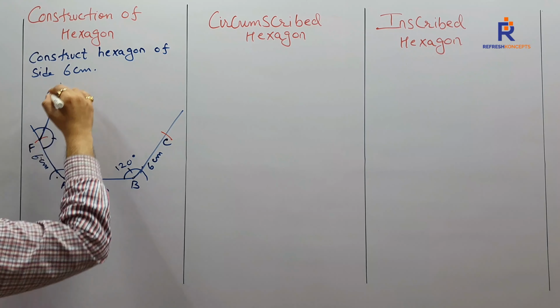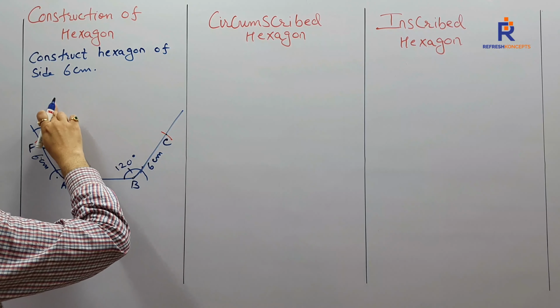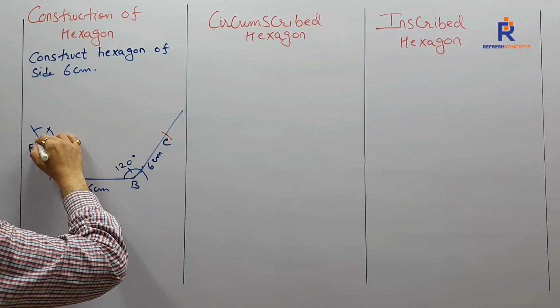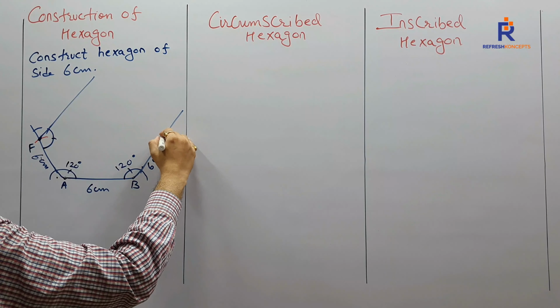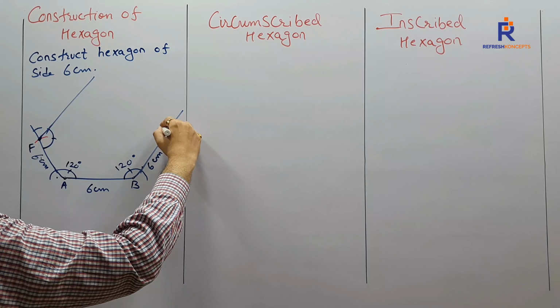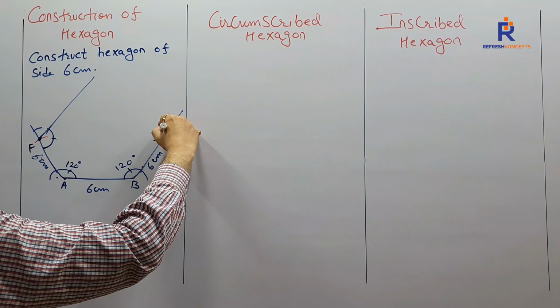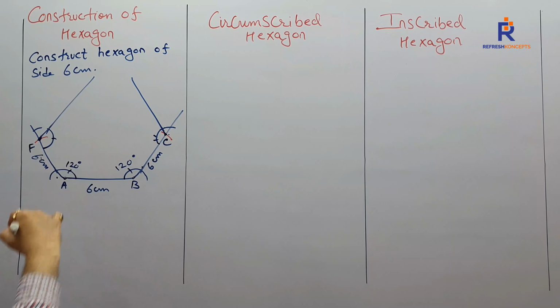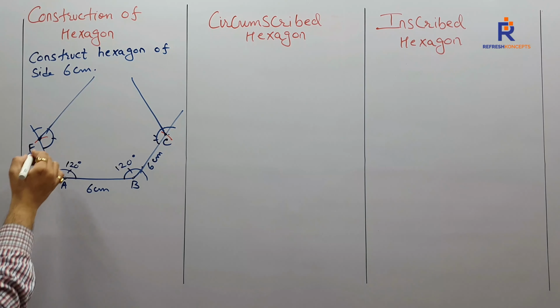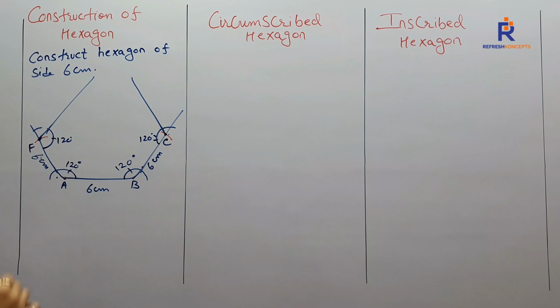We'll go for here 6. We'll go for here again, C as a center. This is 60 and this is 120, mind you, somewhere here. Immediately write down this as 120 degree.